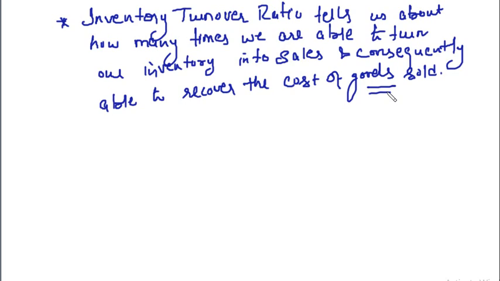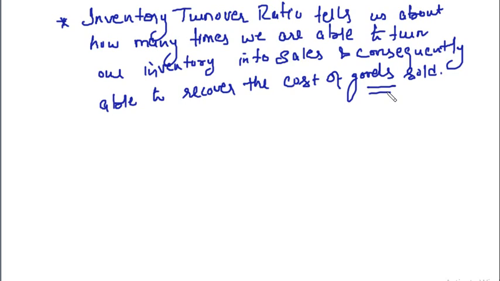Listen to it very carefully. Again, I am repeating: the main aim of inventory turnover ratio is to identify how many times in a year you are able to sell your product and recover the cost that has been incurred in buying or manufacturing that product.